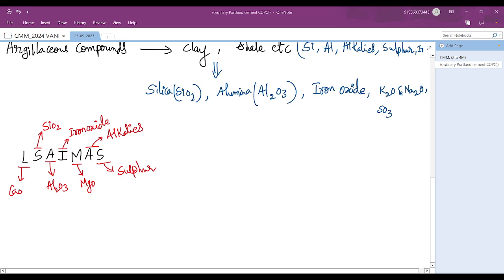Now let us try to understand the function of each ingredient in cement: the percentage present in the cement, what exactly the ingredient contributes to the cement, and what happens if it is present in excess. Now let us discuss that.